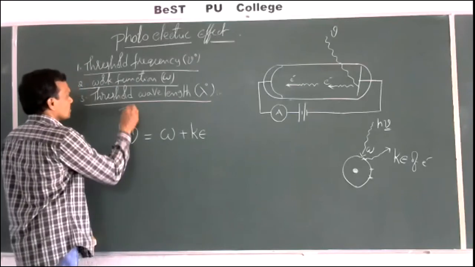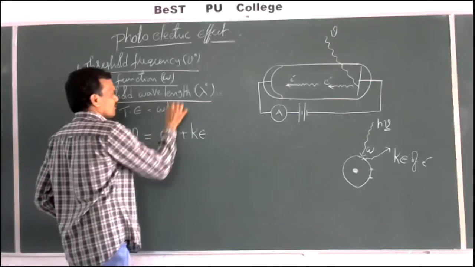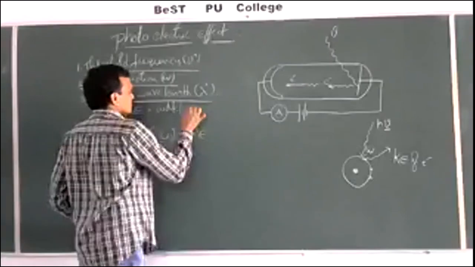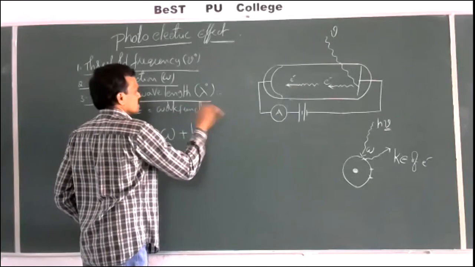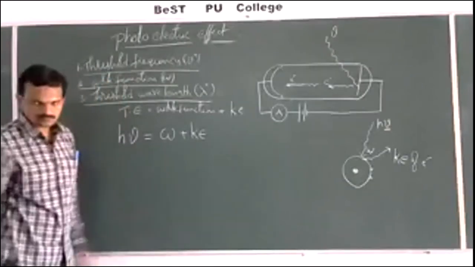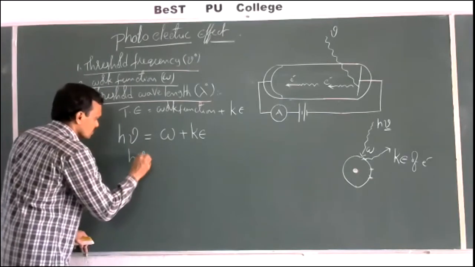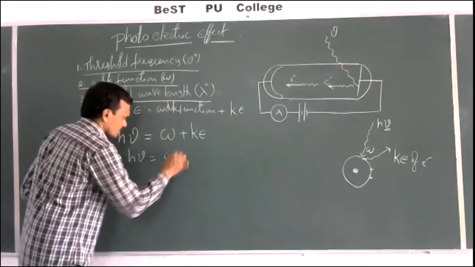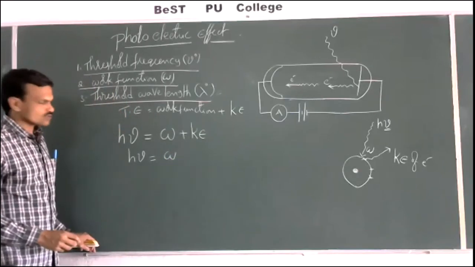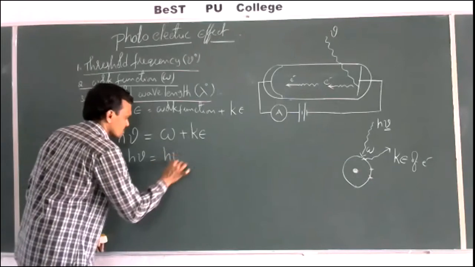Simply, total energy is equal to work function plus kinetic energy. Okay, then h nu is equal to W, the work function. So this work function is equal to h nu naught.